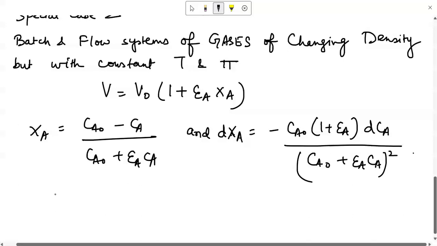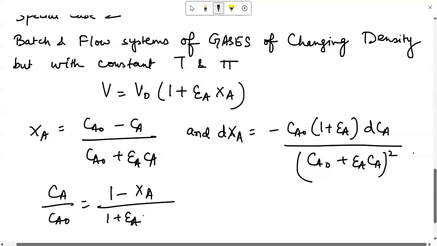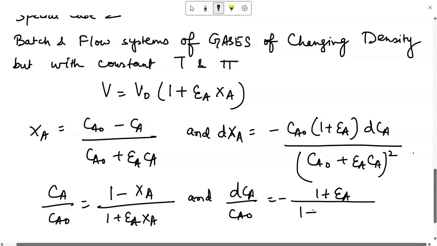Another way to put this is CA by CA0, just mathematical manipulations and you will get this. CA by CA0 equals (1 minus XA) by (1 plus epsilon A XA), and accordingly you can also get dCA by CA0 equals minus (1 plus epsilon A) by (1 plus epsilon A XA) whole square, multiplied by dXA.